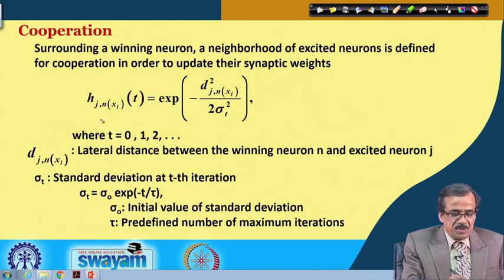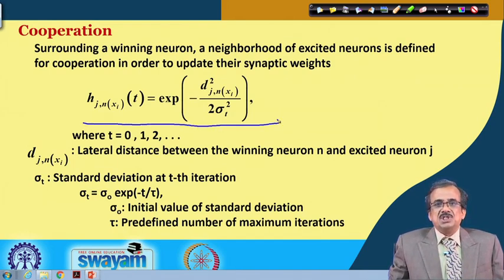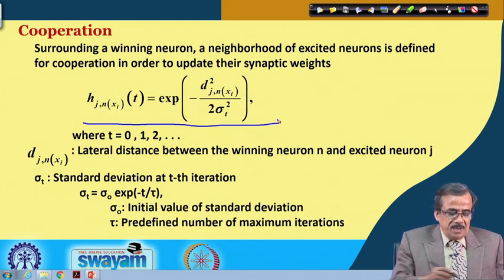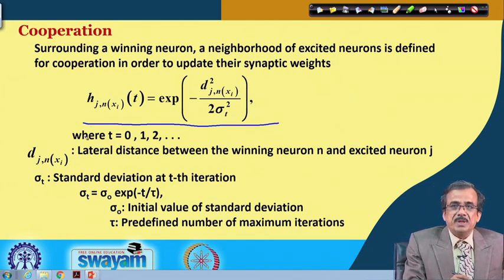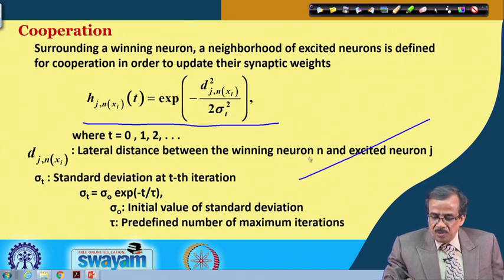Now, this surrounding is expressed with the help of one mathematical expression, that is nothing but the Gaussian distribution. If I draw corresponding to this equation one Gaussian distribution, it will look like this.